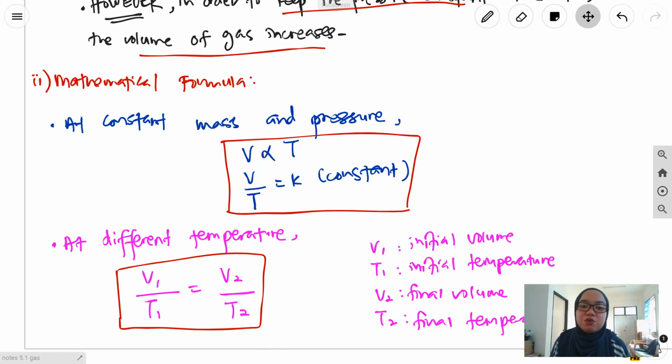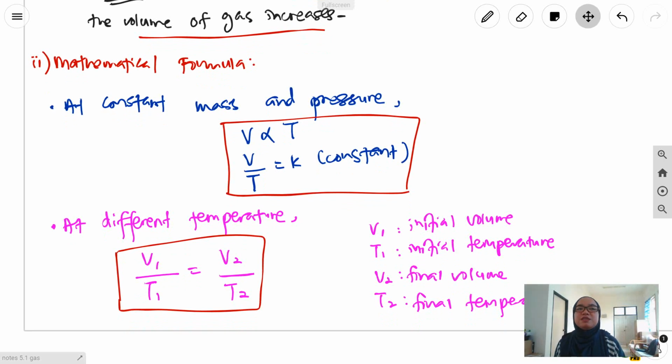When we convert this proportionality into a constant K, this sign will be equal. So at different temperatures, where we want to find the final and initial volume, for example, we use this formula: V1 over T1 is equal to V2 over T2.